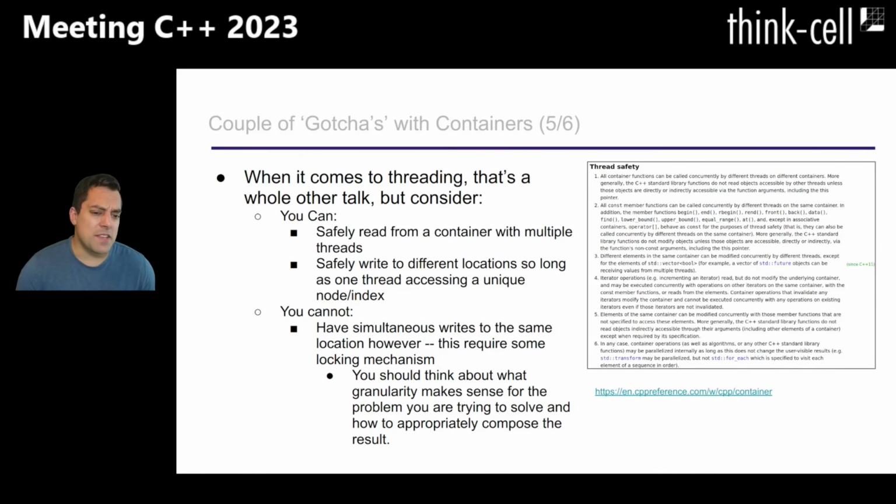But if we're simultaneously writing to the same location in our container, well, you're going to need to figure out some sort of locking mechanism or way to do a safe access without getting a data race. So by default, there are some issues that we need to think about or some abstraction that you can add on these building blocks of the containers.